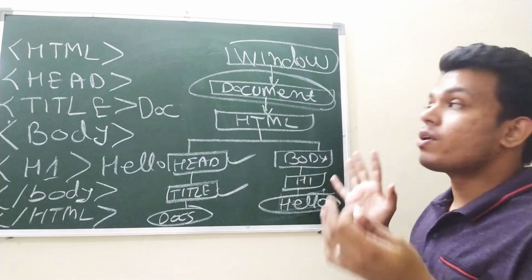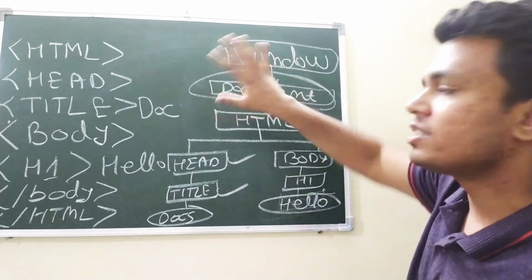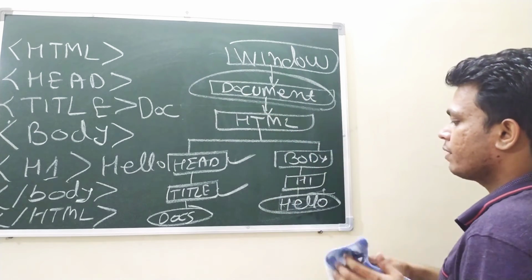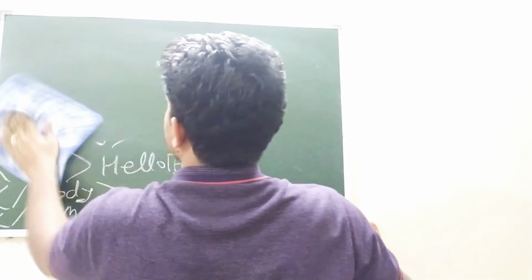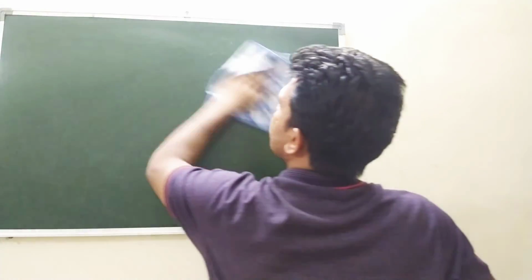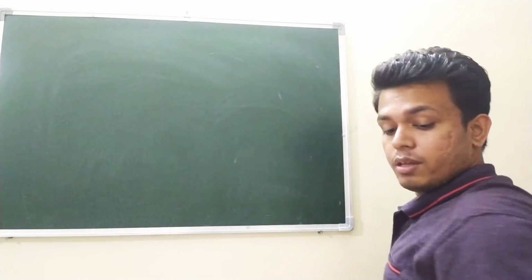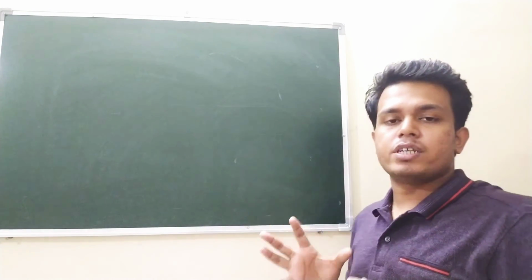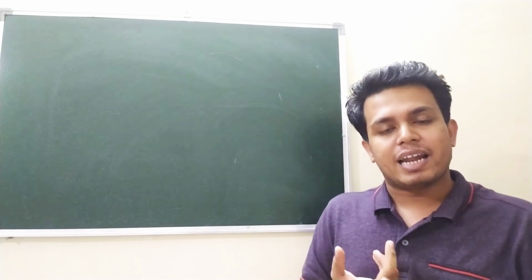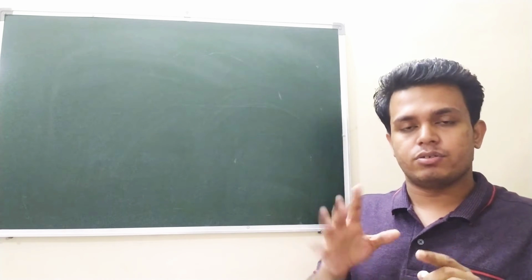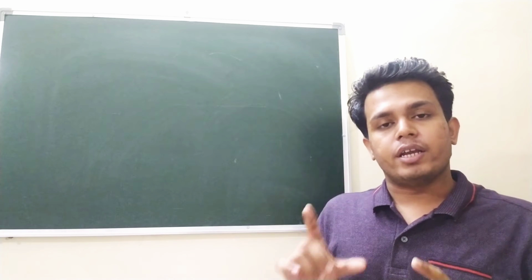So let's discuss what the APIs are that manipulate this data. Okay. I am removing this part so that we can write some more things here. So it is removed. First, before understanding the DOM APIs, you should know about the class and the IDs. IDs are unique.